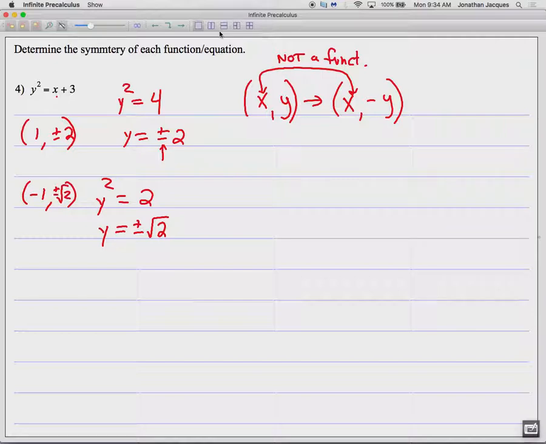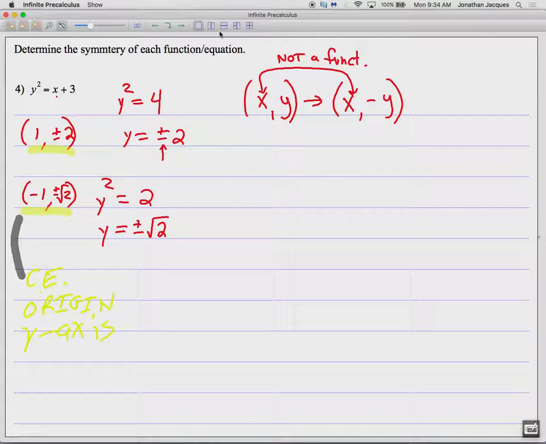So clearly, what you should recognize here and here is that these are each counterexamples, CE for short, for origin and y-axis.